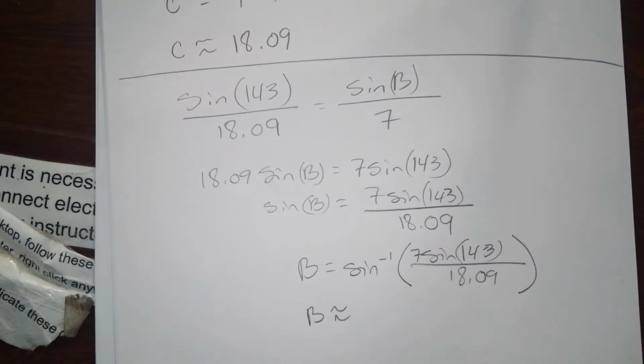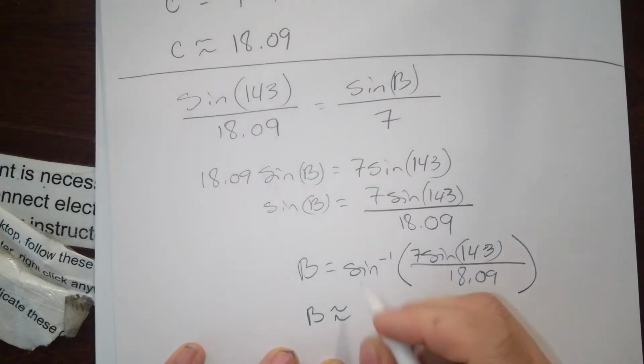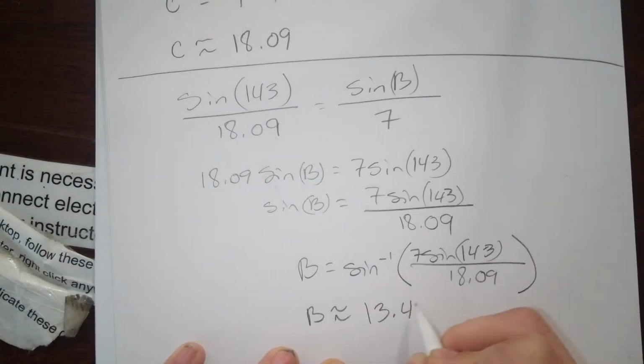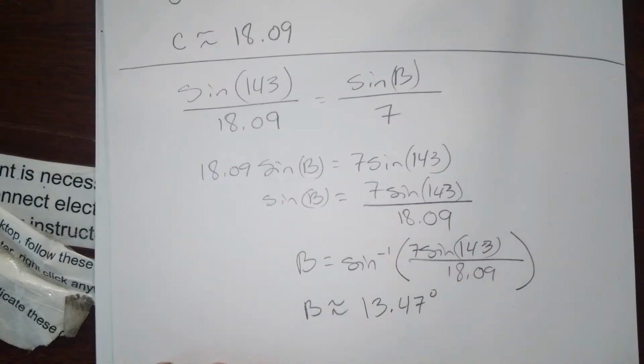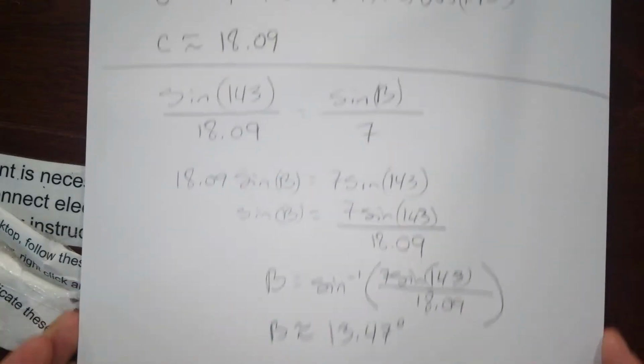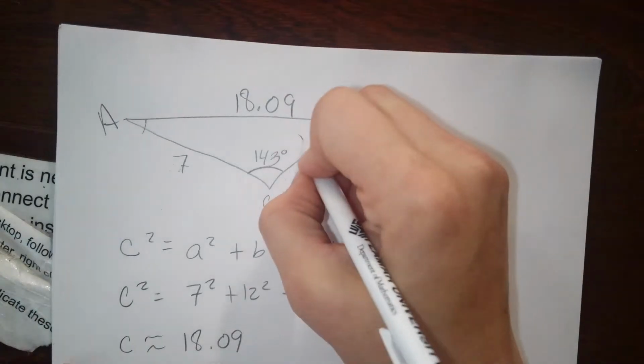You want to put it back in there and see? Make sure you're in your degrees. I got 13.46197. I just got something wrong. All right, so 13.47. 13.47 degrees. Sweet. So I'm going to come back up. This is 13.47.